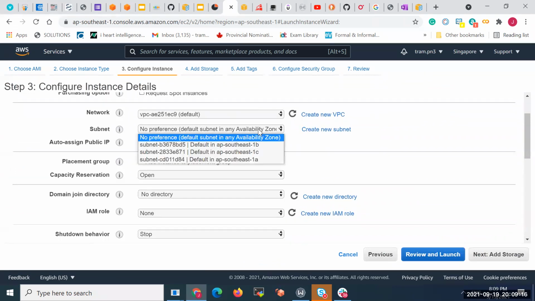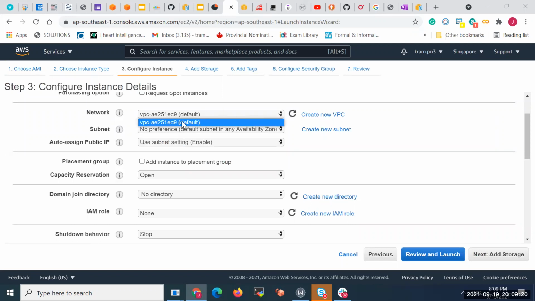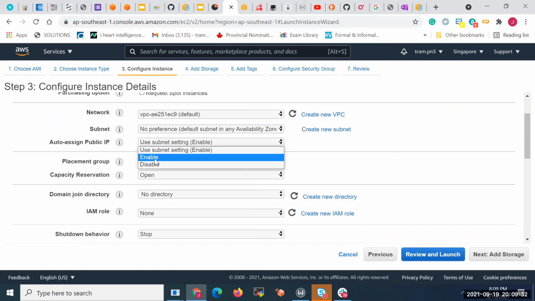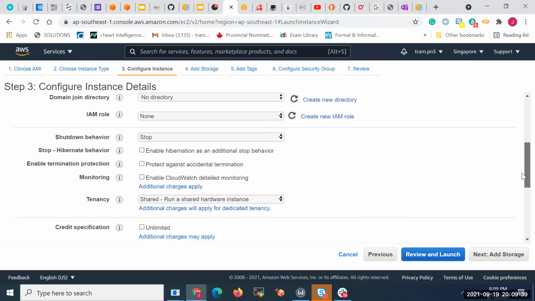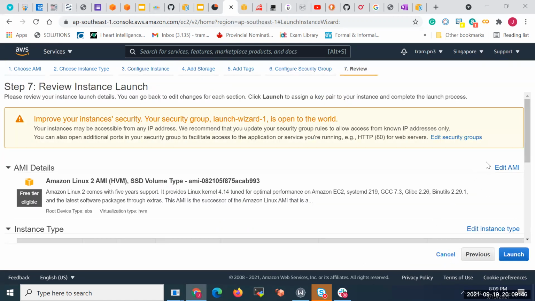So here, let me show you a little bit on the network of AWS. You have the network here, you have the subnet, the public IP, and you can enable auto assign, or you want to use the subnet setting in here. Okay, let's put it there. Review and launch. Okay, here.